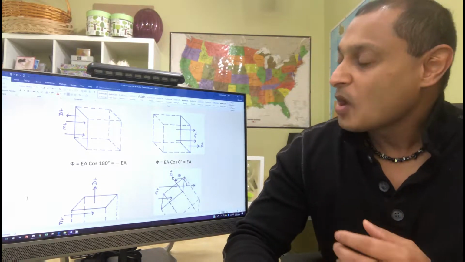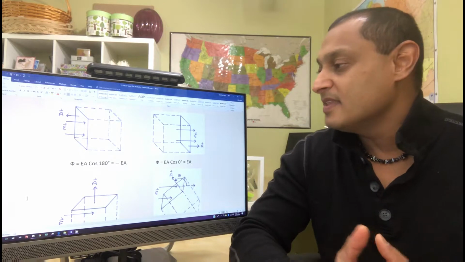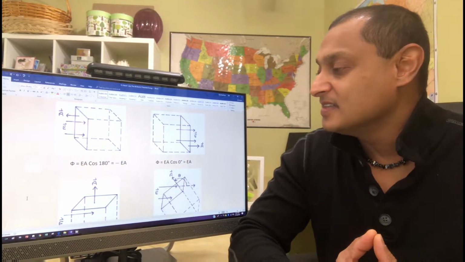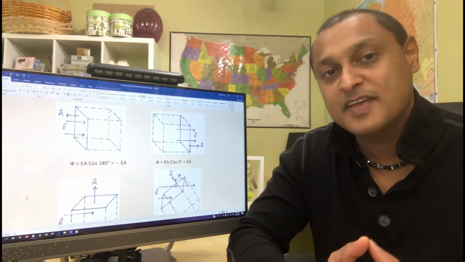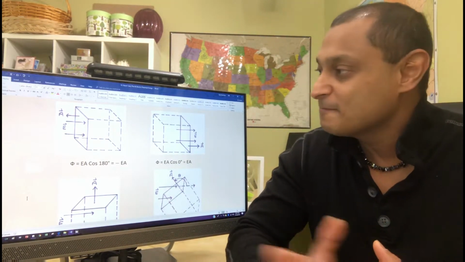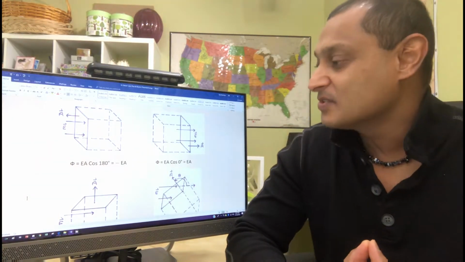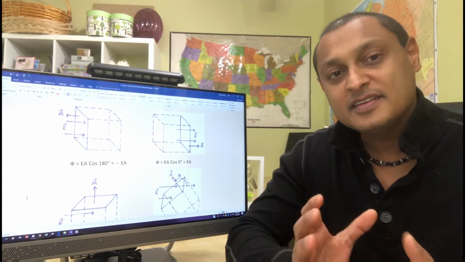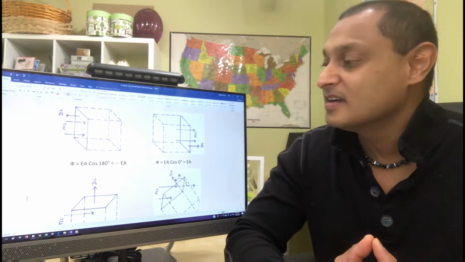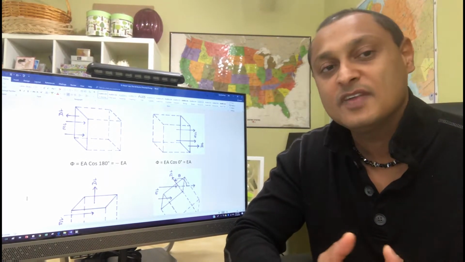And depending on the orientation between the electric field vector and what we can define as a surface area vector, that's a vector that's perpendicular to the surface that the electric field is encountering, the dot product of those two vectors gives us a new property of measurement called the electric flux.